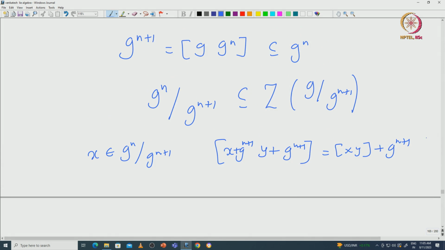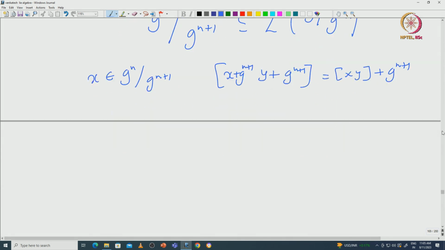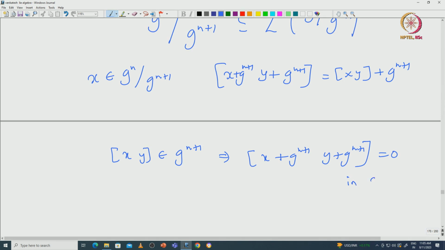Then you can see that since this bracket [x, y] is an element of g^(n+1), this implies the bracket [x + g^(n+1), y + g^(n+1)] is 0 inside g modulo g^(n+1). Okay. And this is true for any y in g.